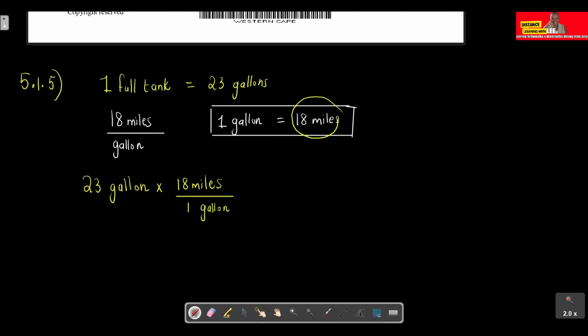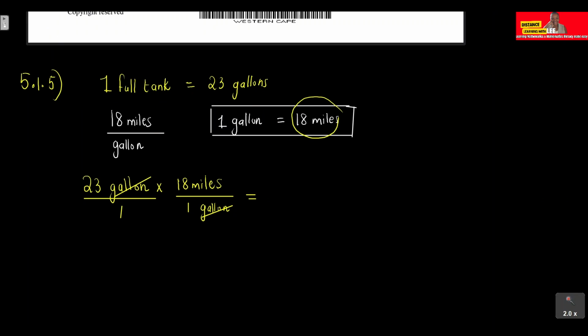Then you'll see that the units for gallons cancel, and you'll just be left with units in miles. If you punch that into your calculator, you will find that 23 gallons of fuel will travel 414 miles. So that is the distance that can be covered by 23 gallons.